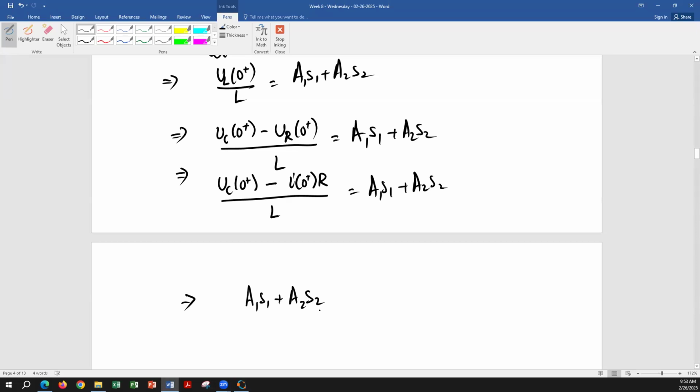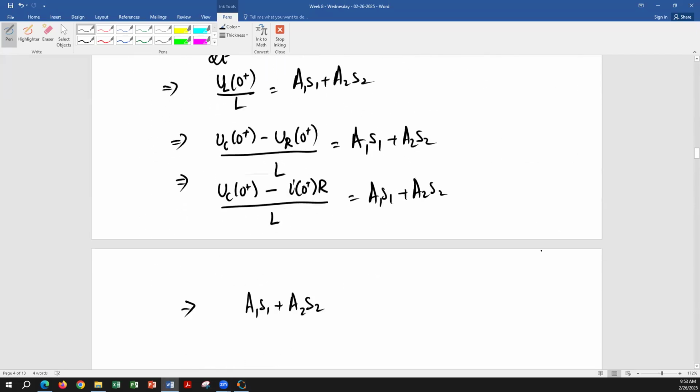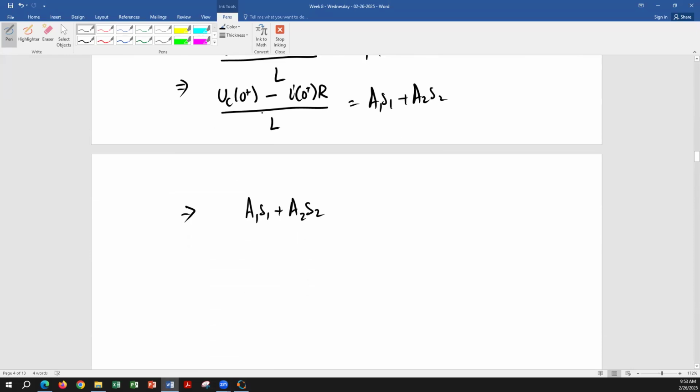But that's not really good because the first one is 0 as well, right? No, first one is 2. Okay, but that's fine. Confirm if this is coming out to be 0. Yeah, it's a short. Well, it's the same voltage, and the inductor is acting initially as a short circuit.